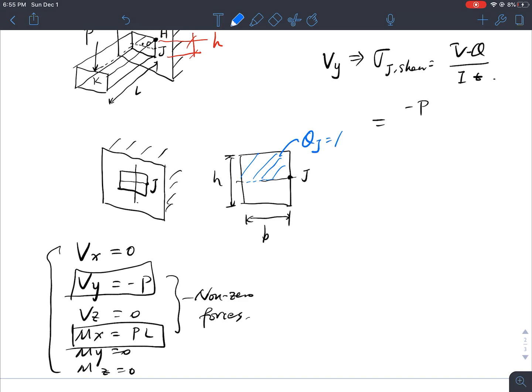We know that Qj equals area multiplied by the distance, so equal to half of bh. And what is the distance? The distance is a quarter h. So that is bh squared over 48. That's the Q there.